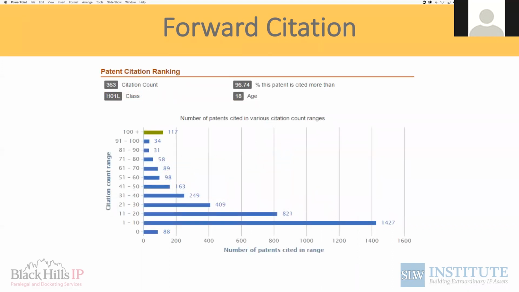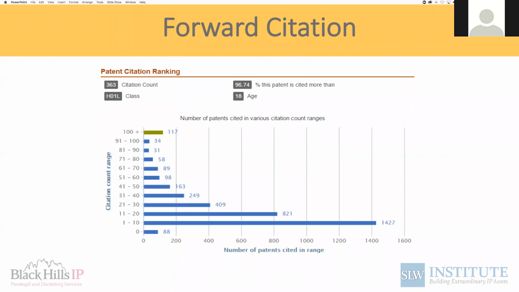Another analytic that's useful is to compare the patent with others in its class in its filing year. Comparing forward citations, for example, of a recently published patent to one that's been around for a dozen years or so is not really useful, because time plays a big factor in forward citation counts.